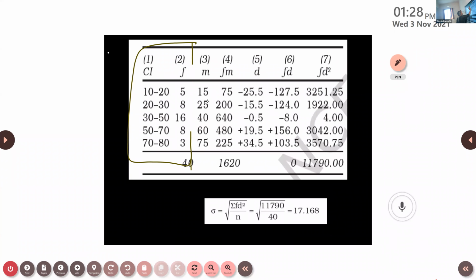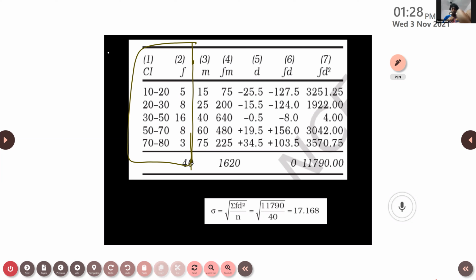Okay. Then next column, that is FM. What is FM now? F into M, that is frequencies are given, mid values are there. When you multiply this, you will be getting FM. Okay. So what is the total of FM given here? 1620.